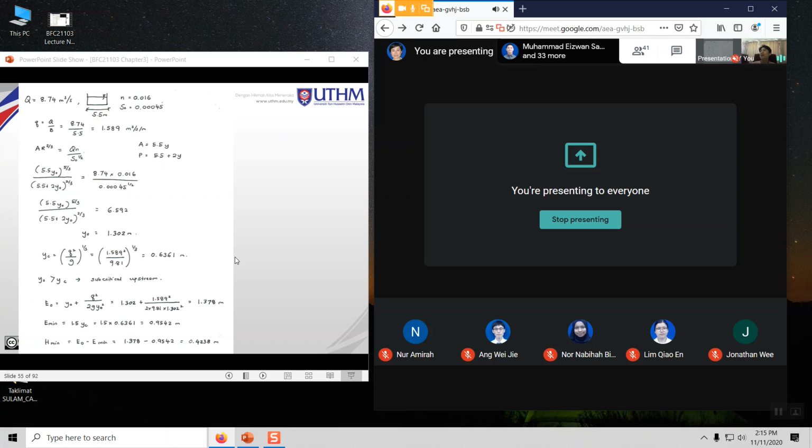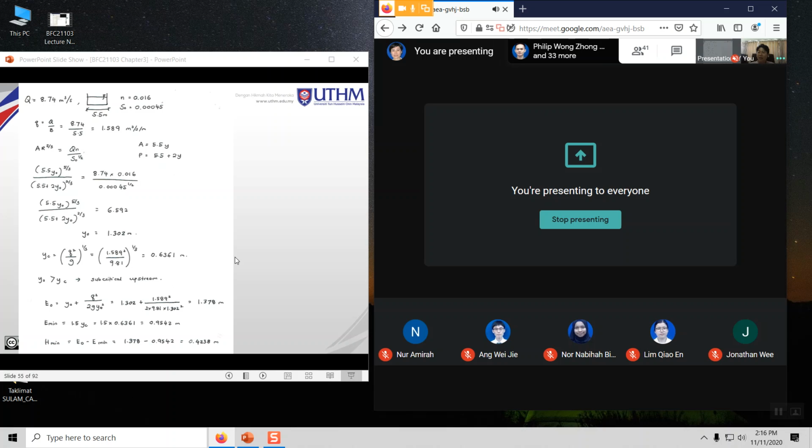But I know that for case 1 I need to know whether the upstream is subcritical or supercritical, because for case 1 Y2 actually depends on the upstream condition. So I compare Y naught and Yc. Apparently my Y naught is greater than Yc, so the initial condition is in a subcritical state.